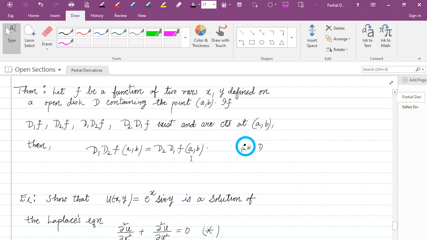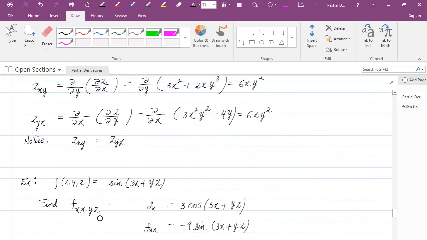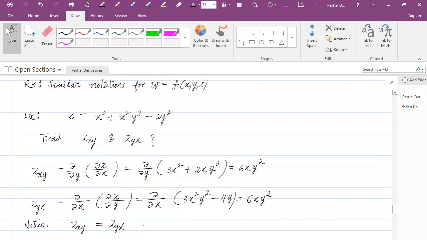So this theorem is explaining the conditions under which these mixed partials are the same. Here, the partial derivatives and the mixed partial derivatives are all continuous, and that's why the mixed partials are the same.